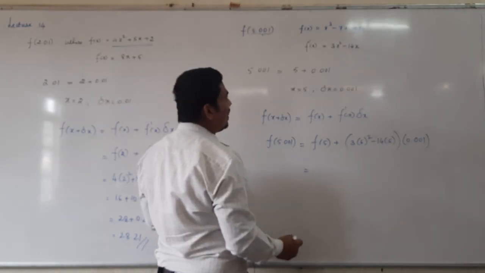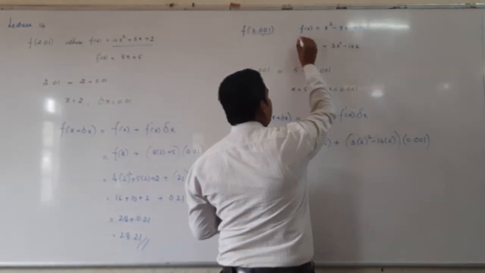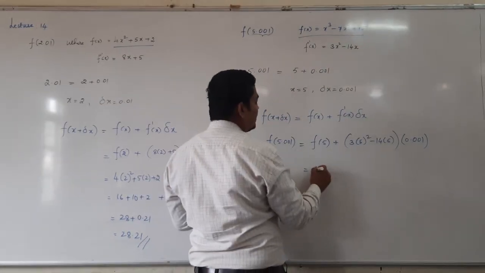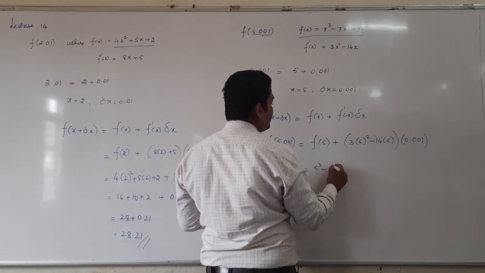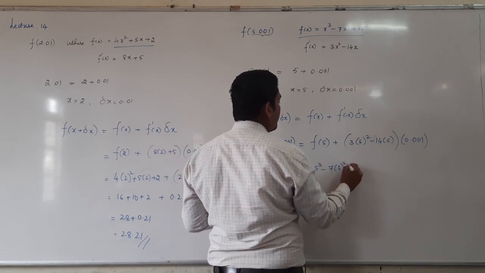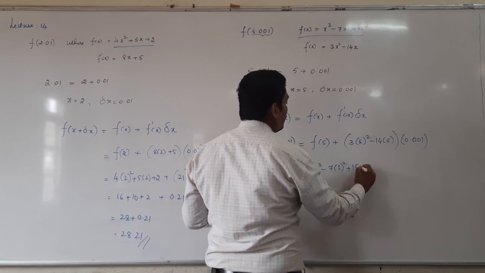Then what is f of 5? Put x equal to 5 in the given function, that is 5 cube minus 7 into 5 square plus 15.